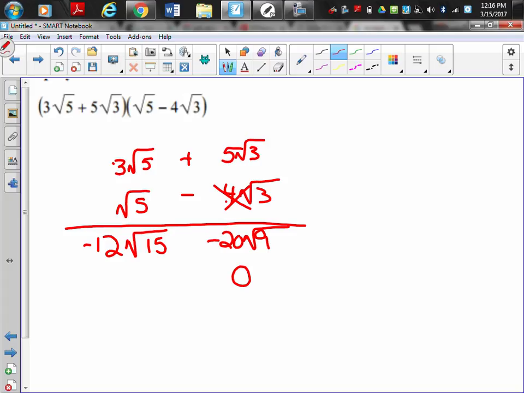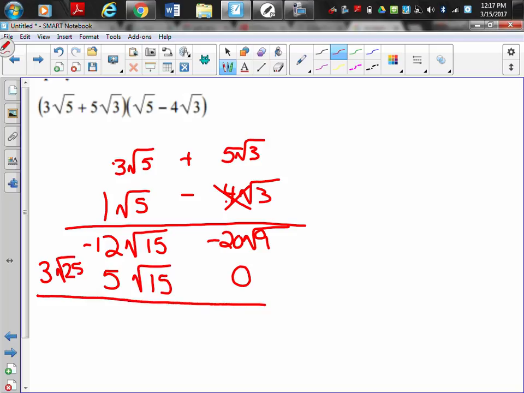Alright, what coefficient is here? 1. 1 times 5, 5 times 3. Alright, 1 times 3, 5 times 5, square root of 25.